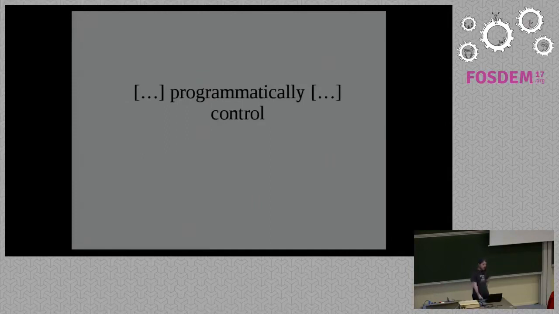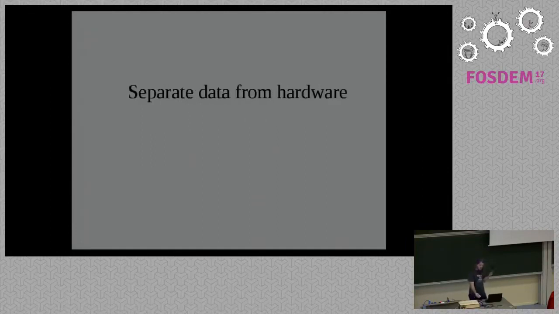The whole idea of using Ansible for that is that, even if it's not a script, it's still programmatically controlled, which permits to separate the data, such as IP addresses, firewall rules, ACLs, passwords, from the exact hardware you have. I see that as very useful for heterogeneous networks.